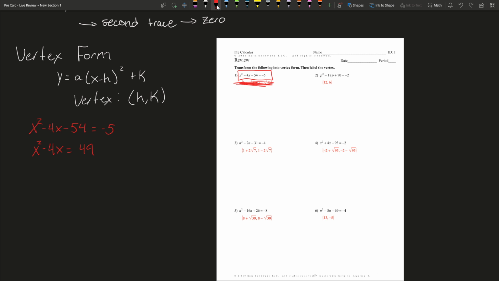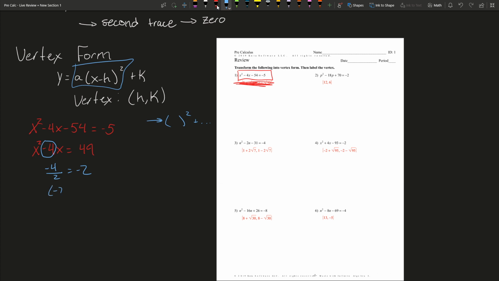Then we complete the square. What this is doing is making everything on the left-hand side something that looks like this, something that looks like vertex form, or at least the first part of vertex form. In order to complete the square, you take this value and divide it by 2. In this case, we get negative 2.